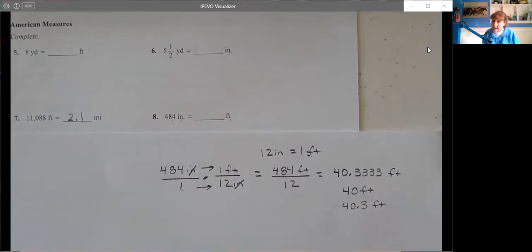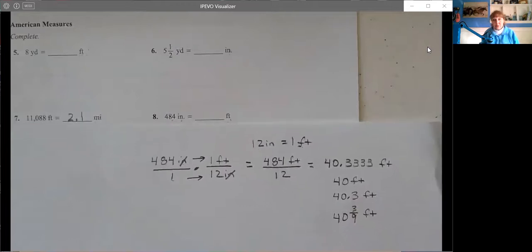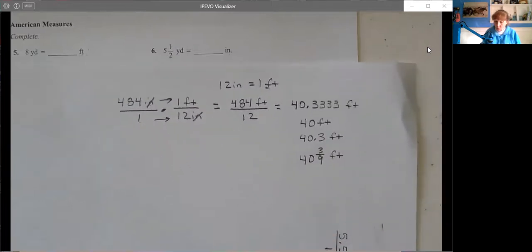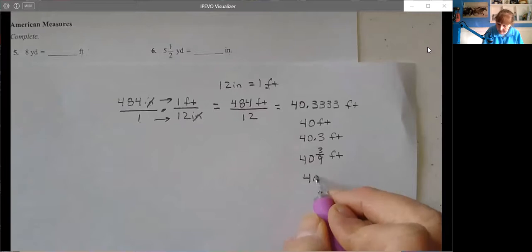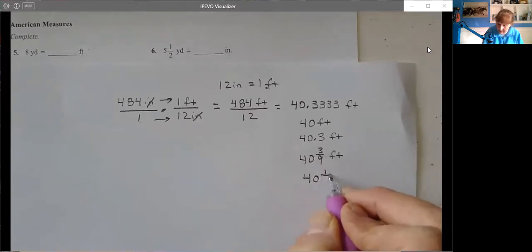If they want that written as a fraction, we know that 0.33333 repeating is 3/9, but 3/9 reduces down to 1/3. 3 goes into 3 once.